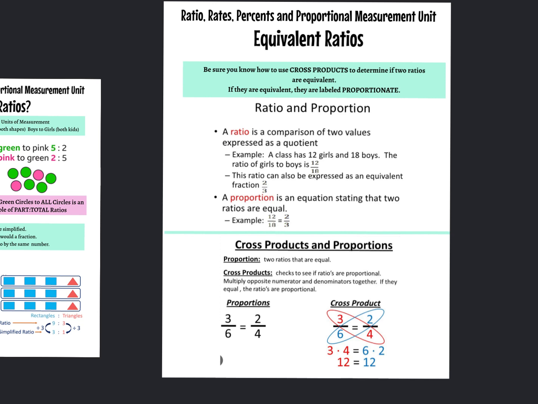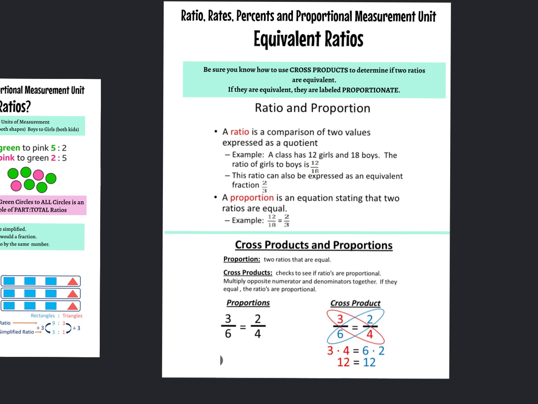Well, what if I cross over the other way? 4 times 3, what does that get me? It gets me 12. So as long as I am getting the same product when I multiply over and up, that is a way to show me that those ratios are equivalent to one another, okay?